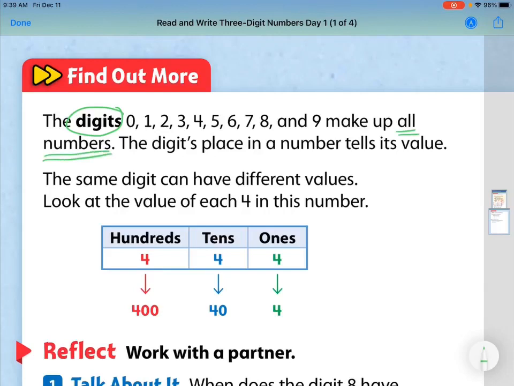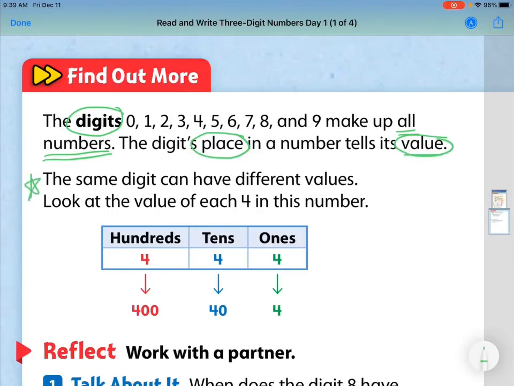Any number you have is going to be made up of digits from that list. The digit's place in a number tells its value, and that's why we call it the place value. Okay, so it depends on where that digit is located in the number, and then we know what the value is. So let's take a look at this.